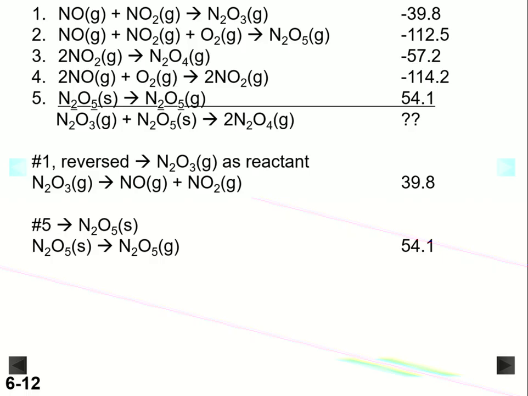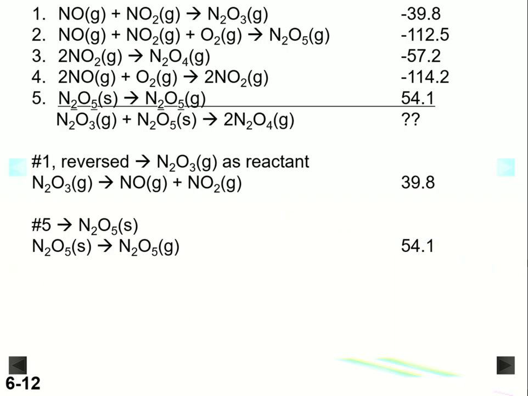The next step is we need 2 moles of dinitrogen tetroxide as a product. We can see that in our final resulting reaction. So we need N2O4. And where can we get that? Well, we see that reaction 3 will get us there. That has N2O4 as a product.